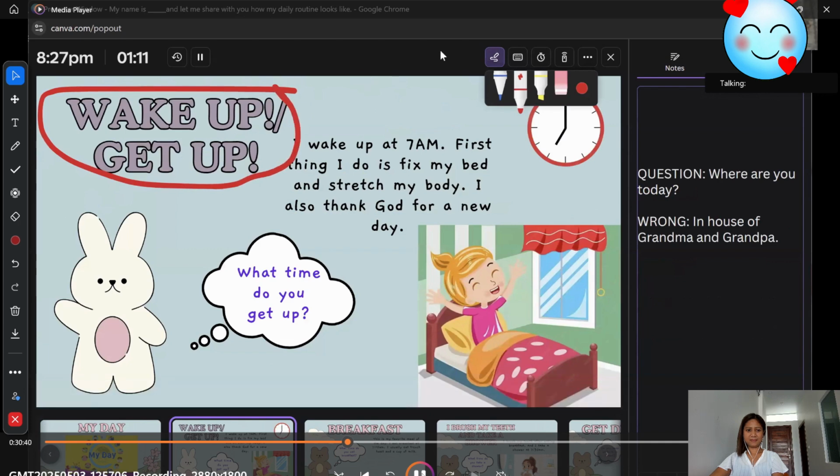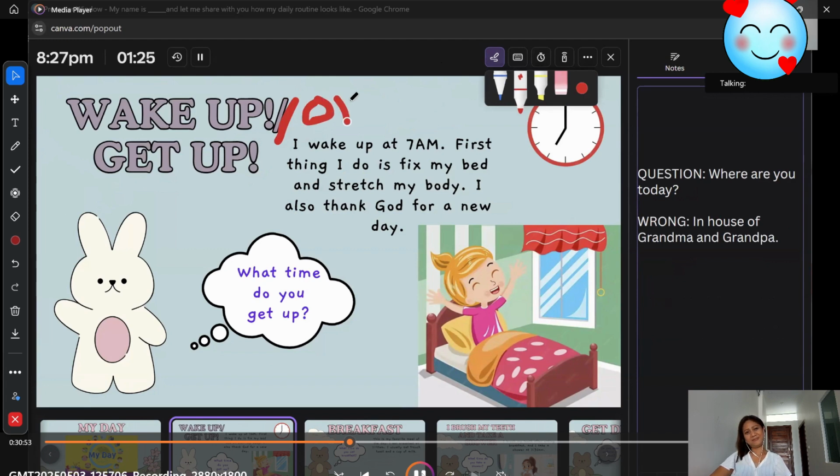Wake up, get up. Okay, so this sign, Aisha, you can say it as wake up or get up. Okay, so the words wake up or get up are the same. All right, can you please read the sentence?